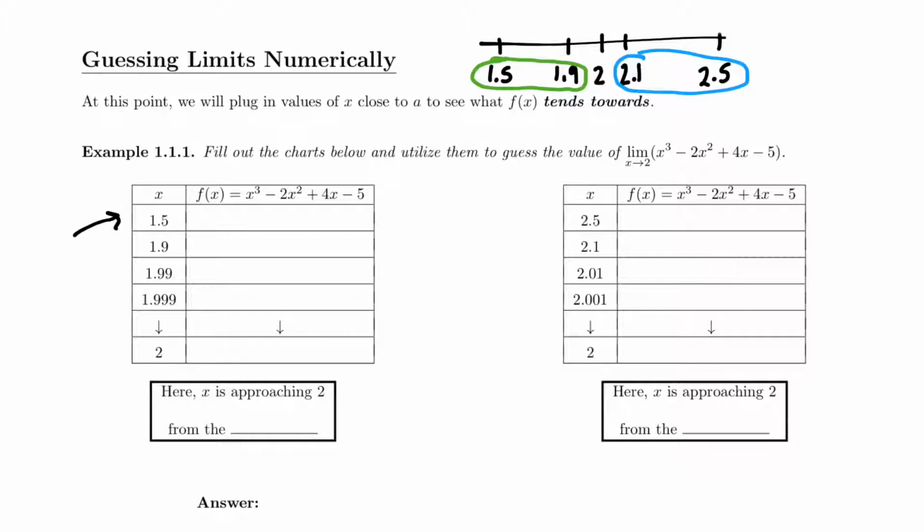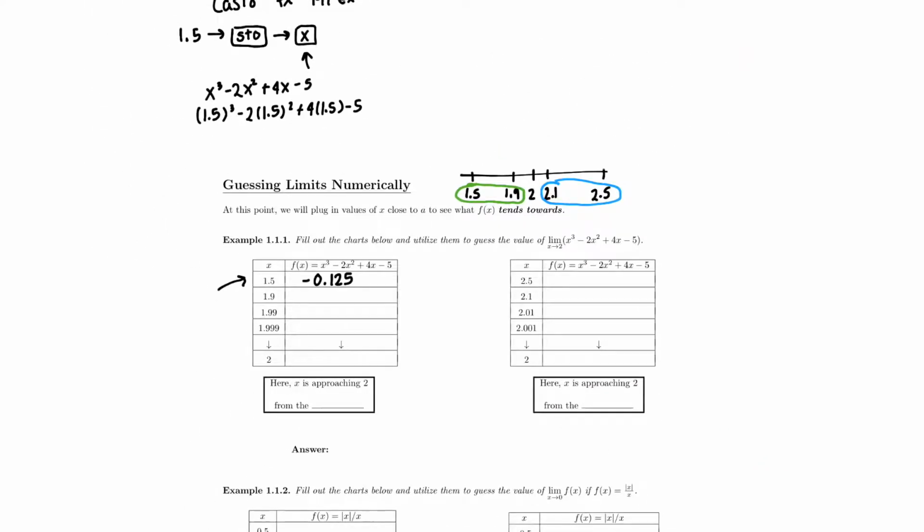So if I take 1.5 and plug it into this function, I'm going to get negative 0.125. This literally is the same thing as plugging this right up here into your calculator.